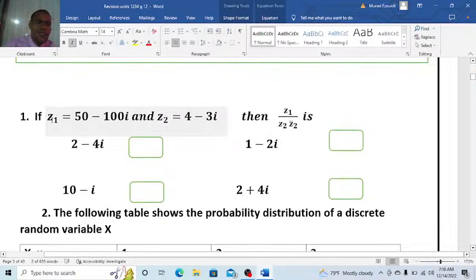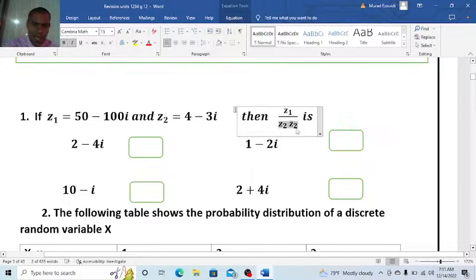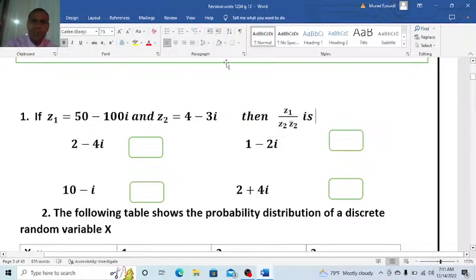Let's say Z1 is 50 minus 100i and Z2 is 4 minus 3i. What is the quotient of the complex number Z1 over Z2 and the conjugate of Z2? Here I will first calculate this, my learners.